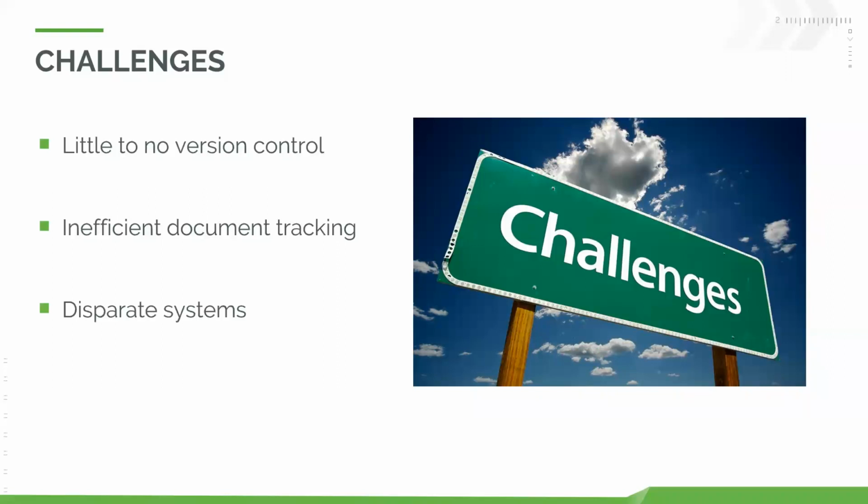And on top of that, let's say that companies do have systems to put the information in and manage it. What happens a lot of times is those systems are all disparate, they're all separated, and they kind of operate on their own.